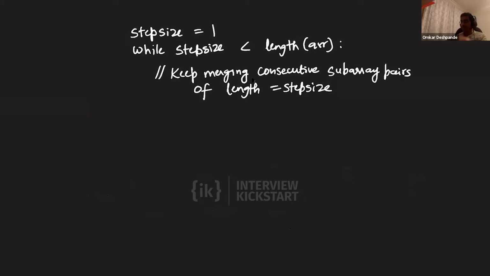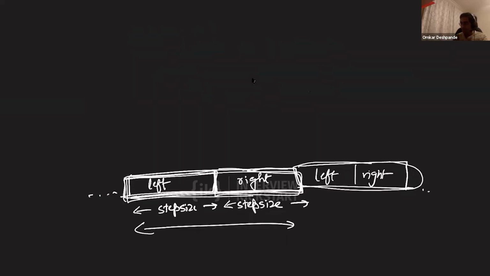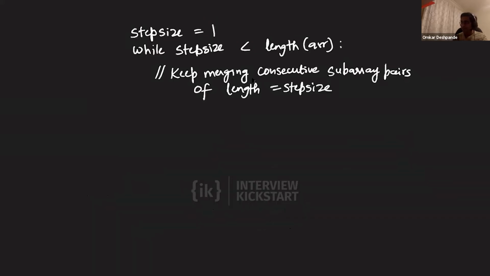If step size starts out being 1, that means we're merging together consecutive subarray pairs of length 1. We need to write the code for that in a left to right order. And then as step size grows from 1, eventually the last line here is going to be step size is doubled.